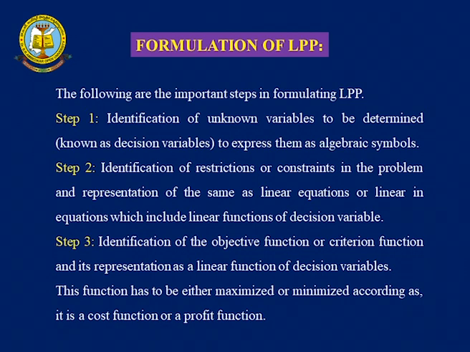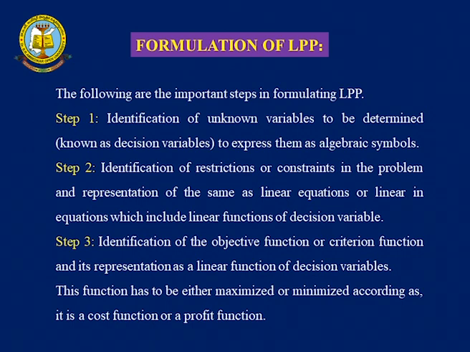And step 2, identification of restrictions or constraints in the problem and representation of the same as linear equations or linear inequations, which include linear functions of decision variables. And step 3, identification of the objective function or criteria function and its representation as a linear function of decision variables.